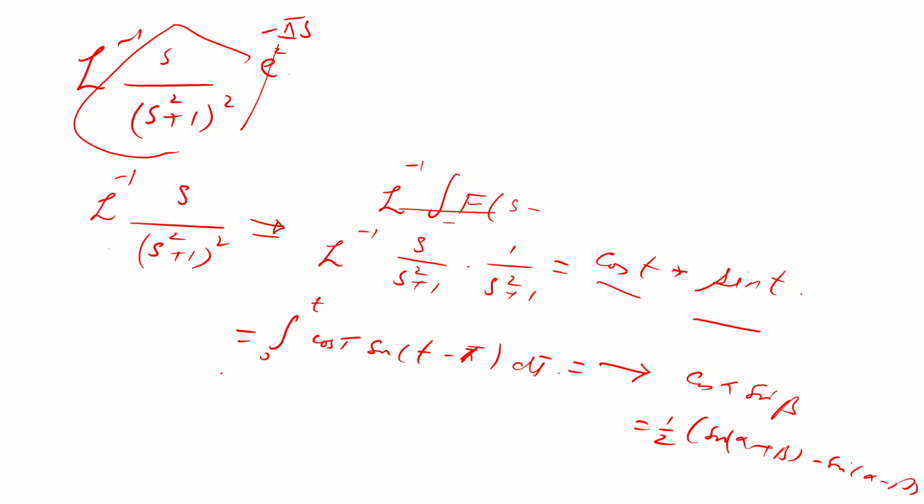Once you have done that, at the end you will simply apply the second shifting theorem, that this will be f of (t minus a), which is pi by 2 u(t minus pi by 2). Once we have found f of t from here, we replace f with these quantities, right? So you can do that.